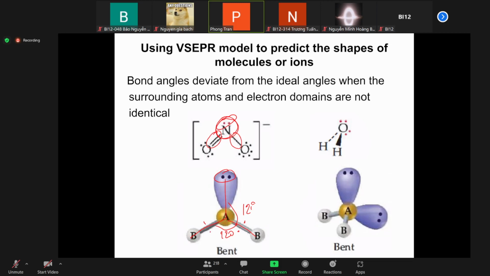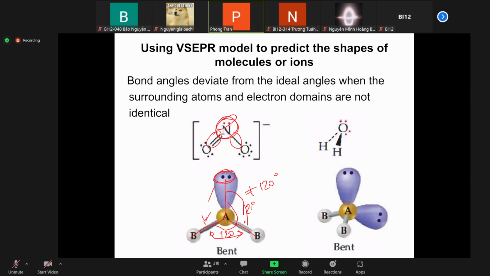So you can see that the interaction between the non-bonding and the bonding will be different compared with the interaction of the 2 bonding electron domains. So as a consequence, you can expect that in reality, this angle will be different from 120 degrees. So the message here is the angle deviates from the ideal angle when the surrounding atoms and electron domains are not identical.